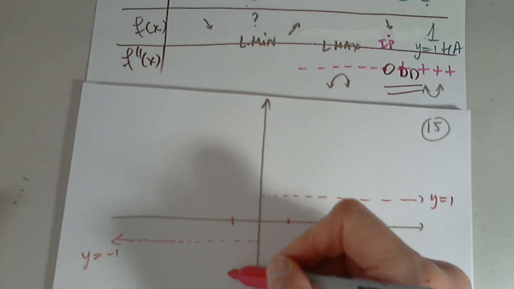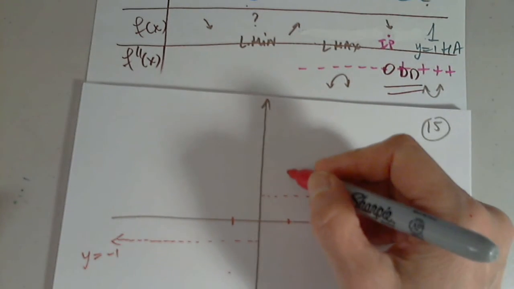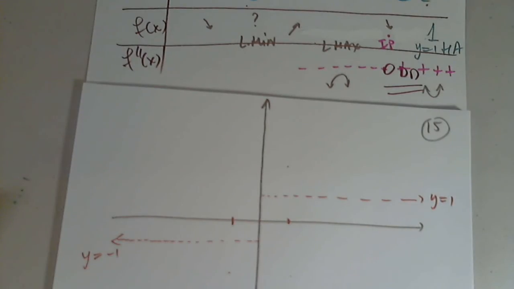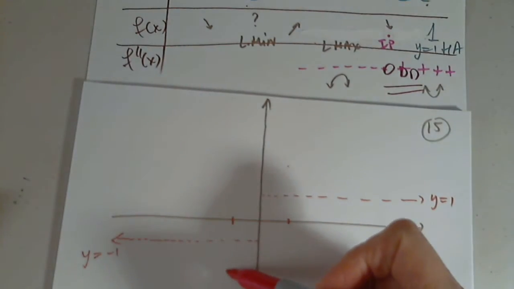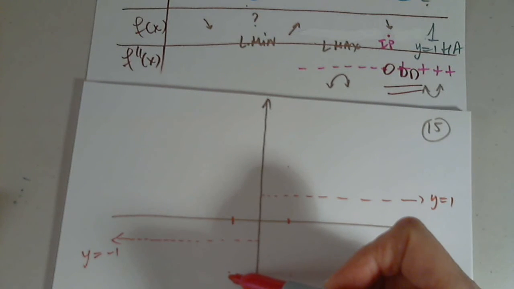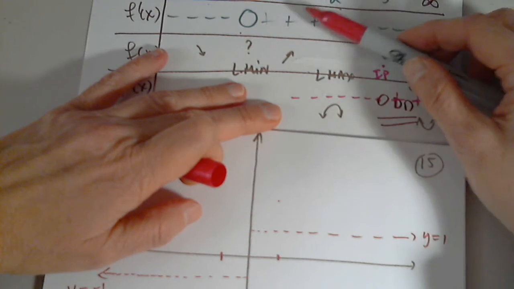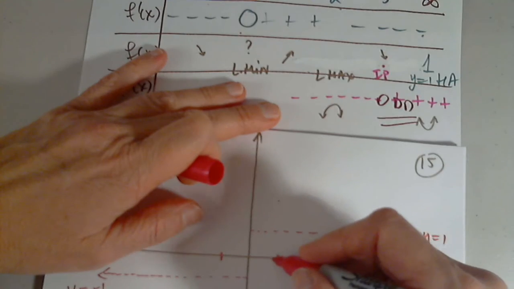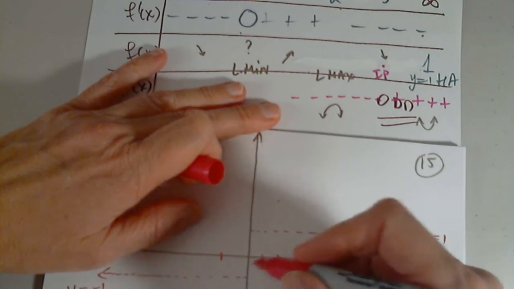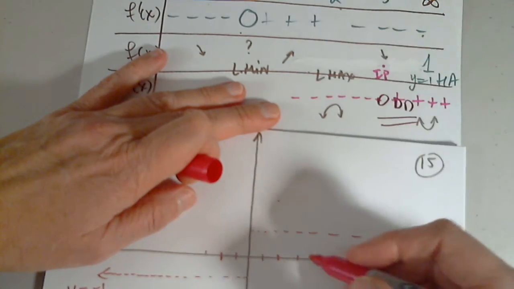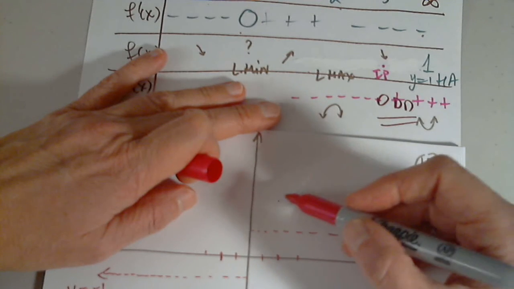I don't know where the local minimum is, but it has to have a local maximum exactly opposite, symmetric on the other side. So it's coming down, and then what does it do? I have to copy the signs from this side. So between 0 and 3, so this is 1, 2, and 3. So at 3, it should have an inflection point.